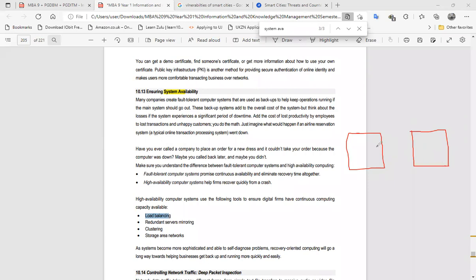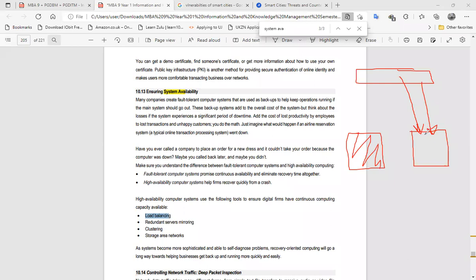So let's assume that this company has two servers, but this server is a redundant server. It has the same information as this server. Normally when the employees are working, they access information from this server.